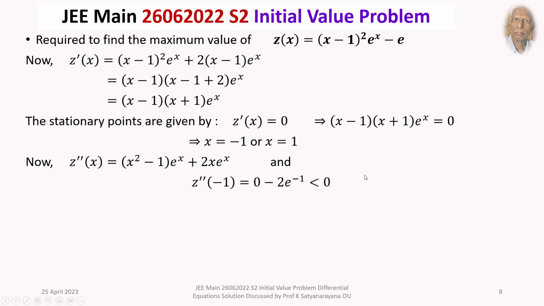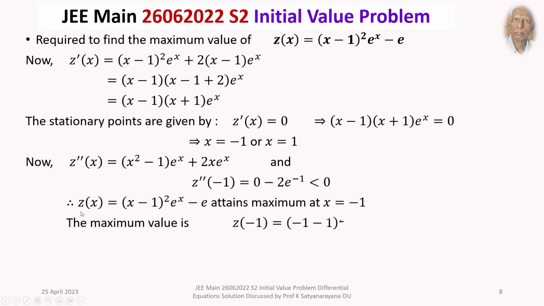Therefore, by the second derivative test, z of x, which is x minus 1 whole square into e power x minus e, attains a maximum at x equal to minus 1, and the maximum value is given by z of minus 1.